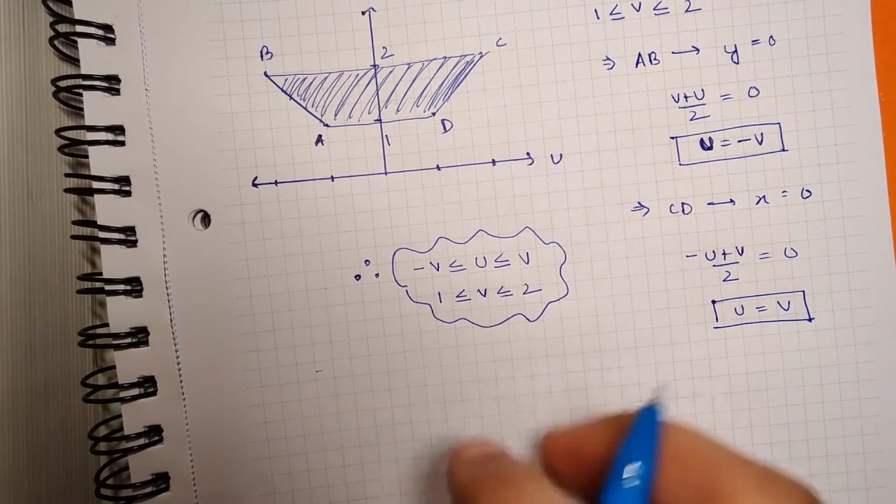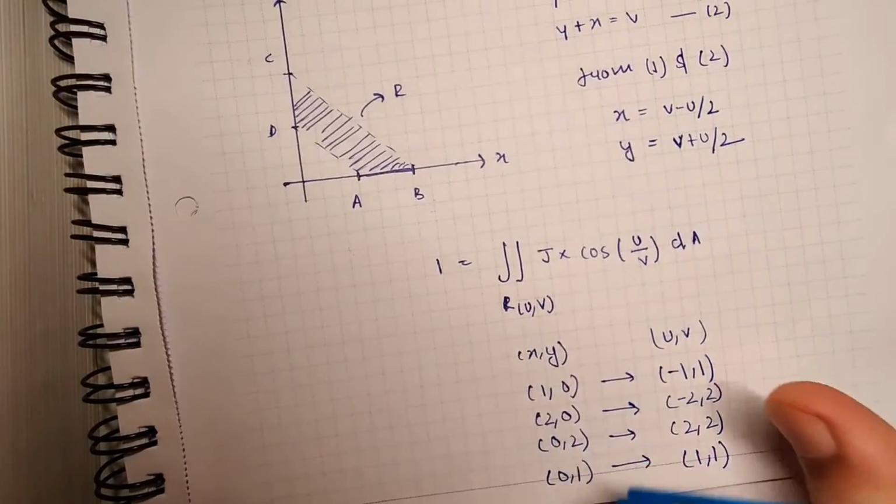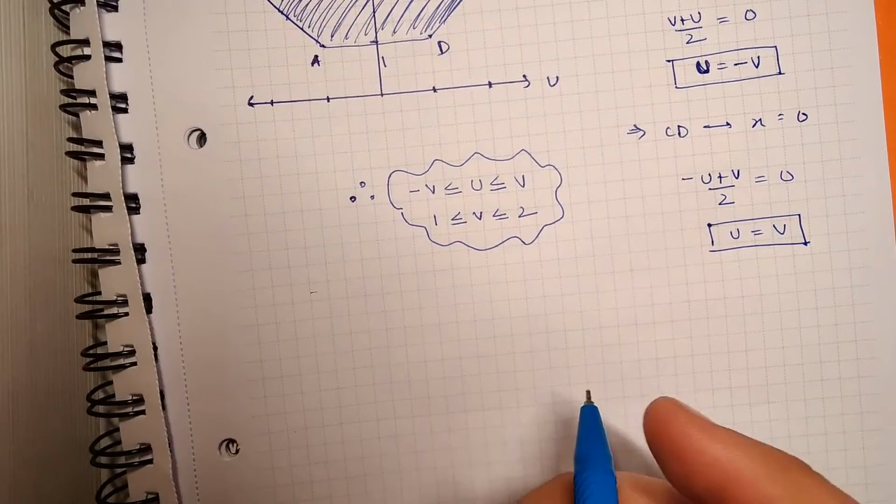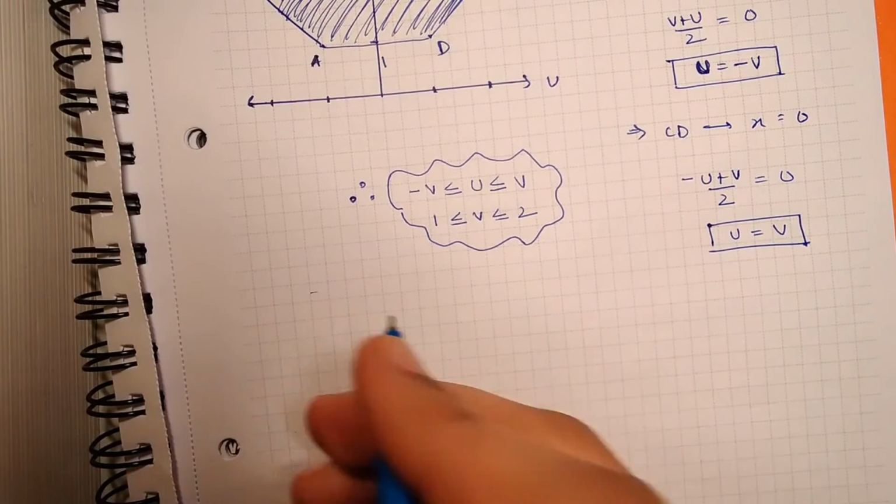Now comes what was earlier discussed, the Jacobian. Now how to calculate the Jacobian? It is very easy to calculate.